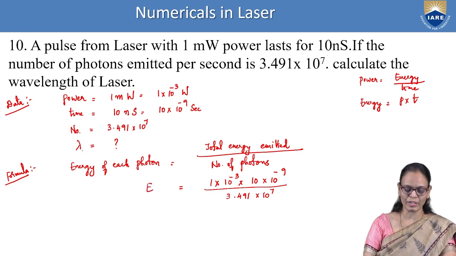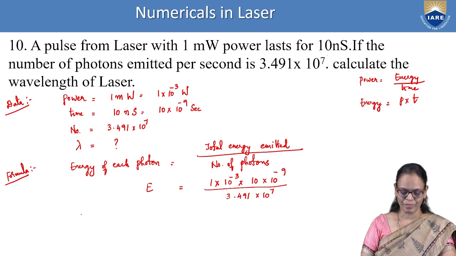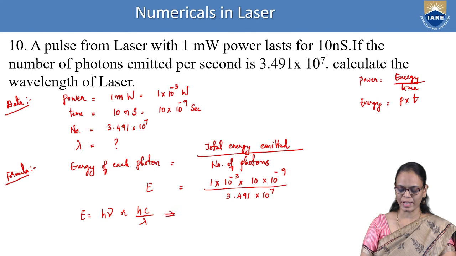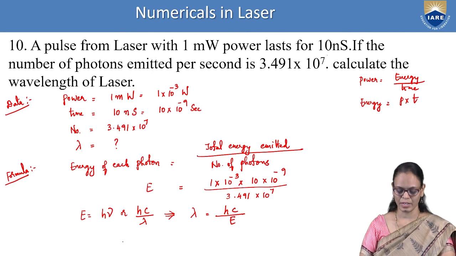Now what we have to calculate is wavelength. We have the formula E is equal to h nu or hc by lambda. So if we have to get lambda, we write lambda as hc upon E. Whatever energy we have got, we substitute here and we can get lambda.